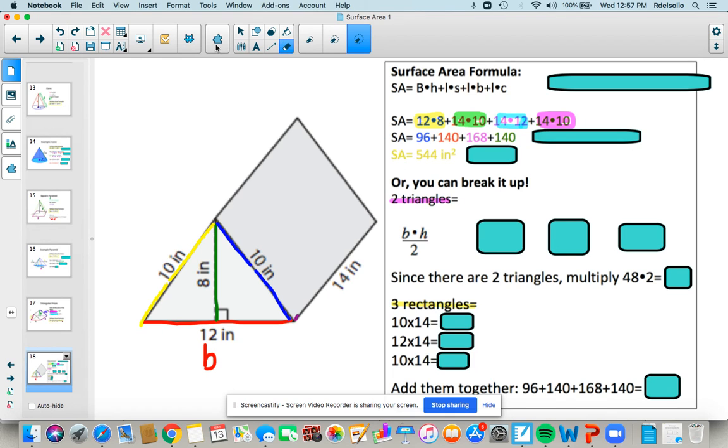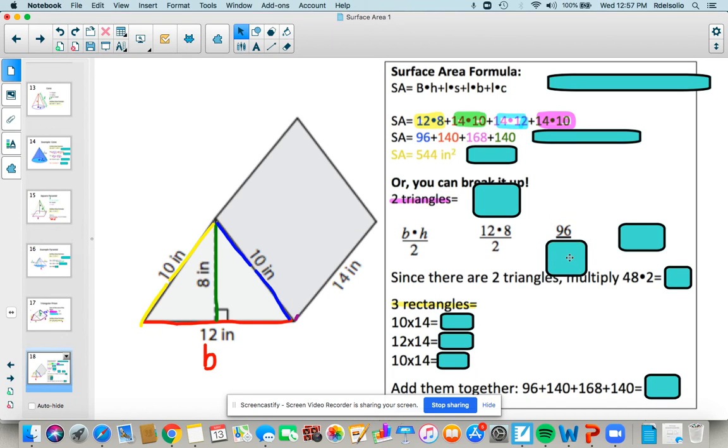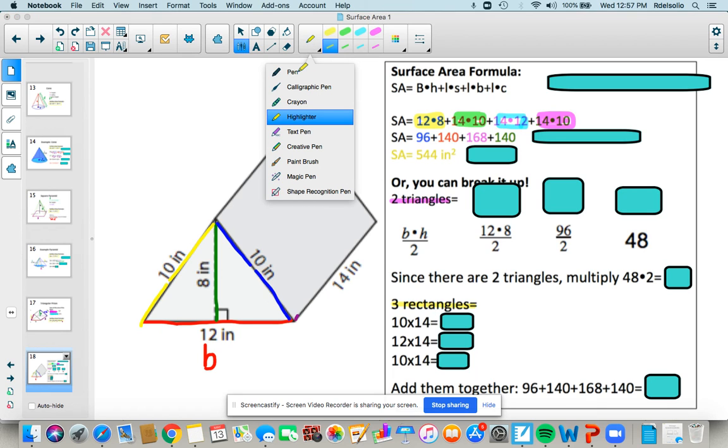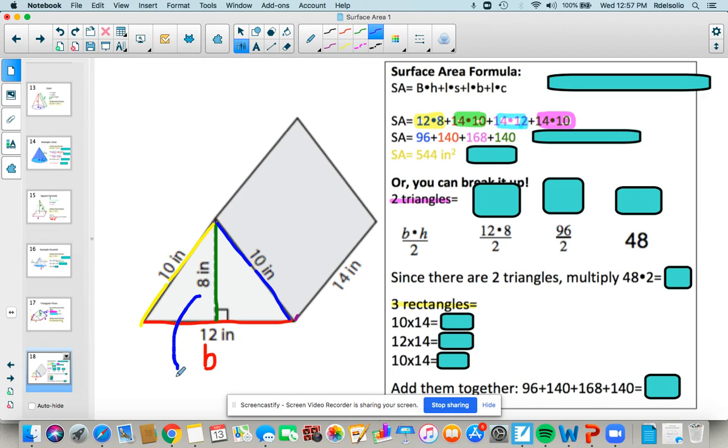So we can plug those in: 12 times 8, which is 96, divided by 2. That means the area of this triangle is 48.